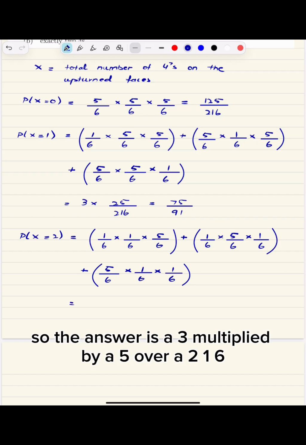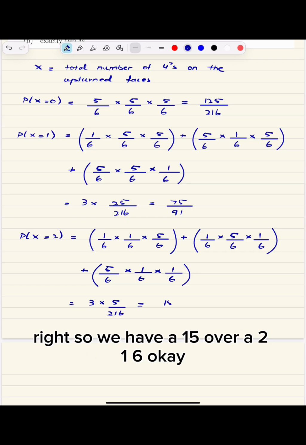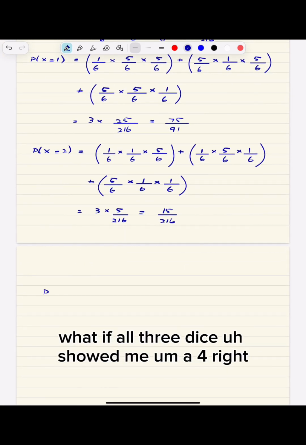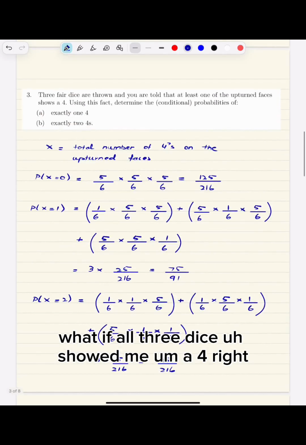So the answer is 3 multiplied by 5 over 216, right? So we have 15 over 216. Okay, what if all 3 dice showed me a 4, right?